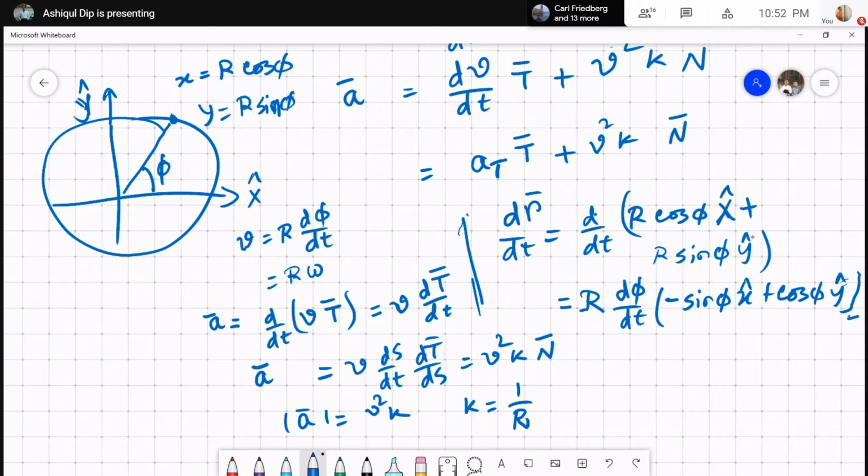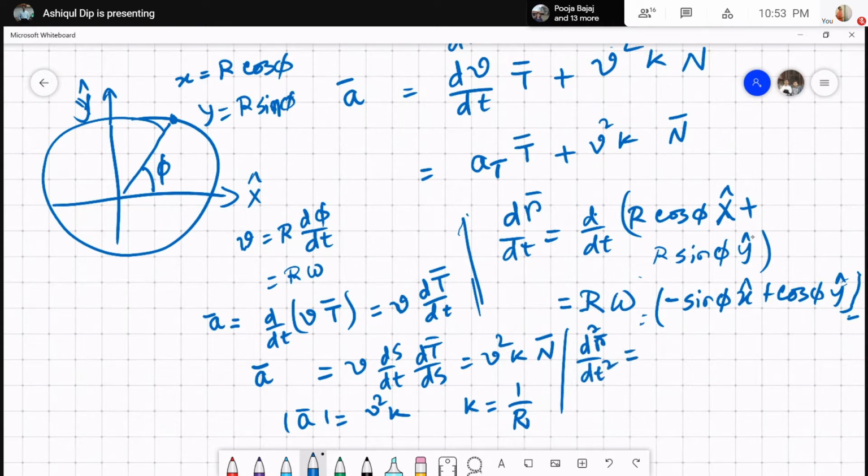Then take the second order derivative. This is d phi over dt, which I consider as constant. So this is your omega. So dr over dt is this thing. Now if you take another derivative, it gives you d2r over dt squared.